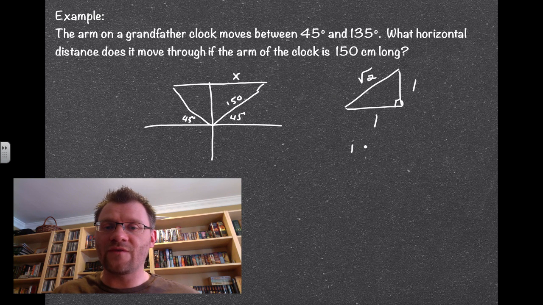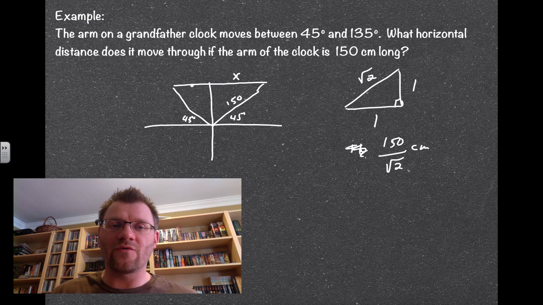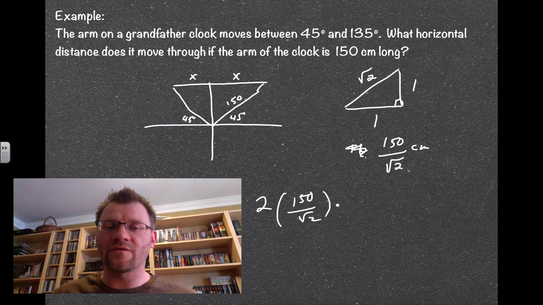So that's 150 divided by root 2 centimeters. If that's this distance, then this one over here is also going to be the same length. So I really just have 2 times 150 over root 2 centimeters, which is 300 over root 2 centimeters long.